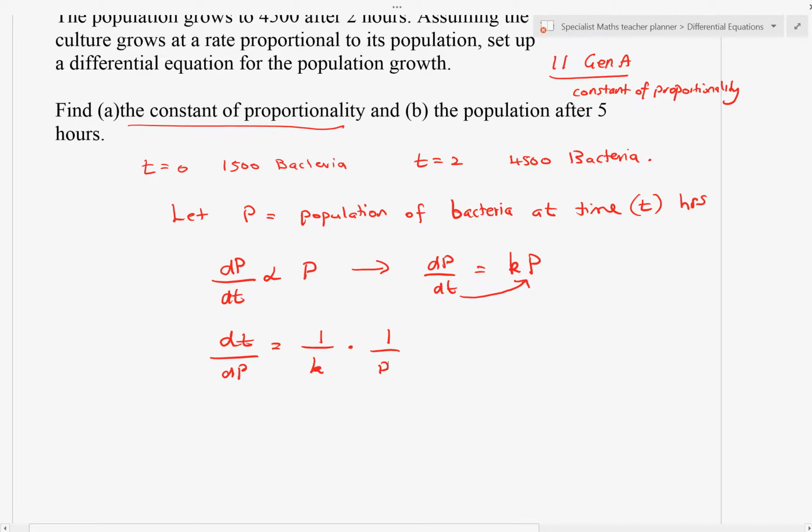Now, we've got to solve a differential equation, and we've done this to death. I therefore can say that t is equal to the antiderivative of 1 over k, 1 over P, dP, and that is equal to 1 over k log to the base e of absolute value of P, I will get to why we can omit that in a moment, plus c.